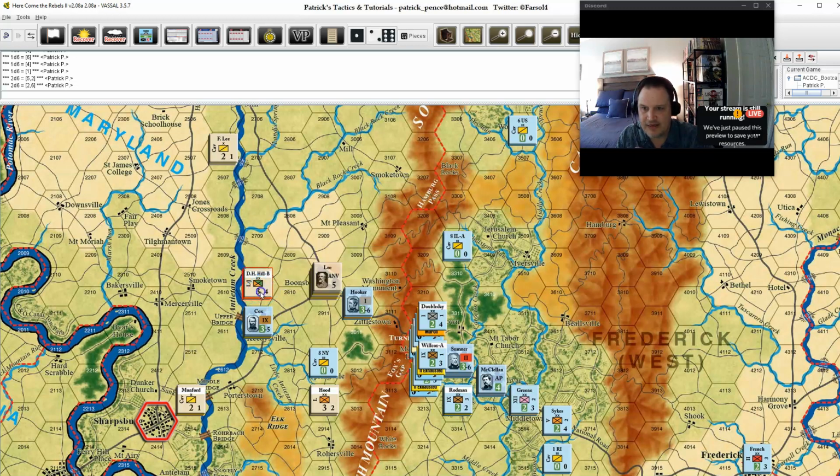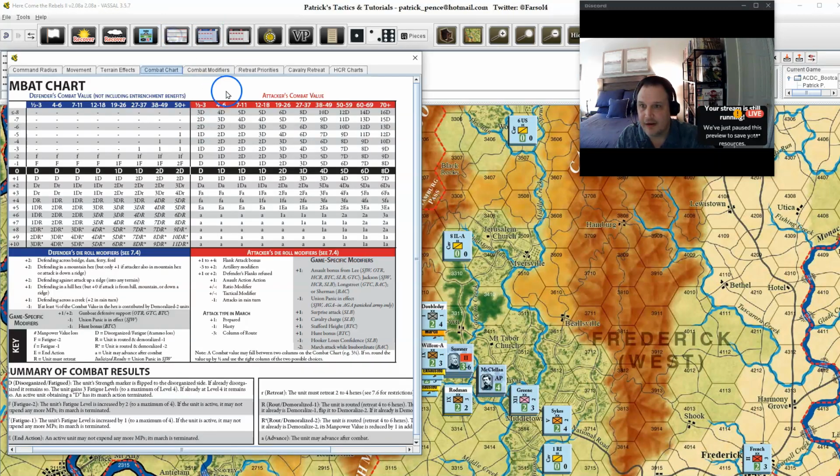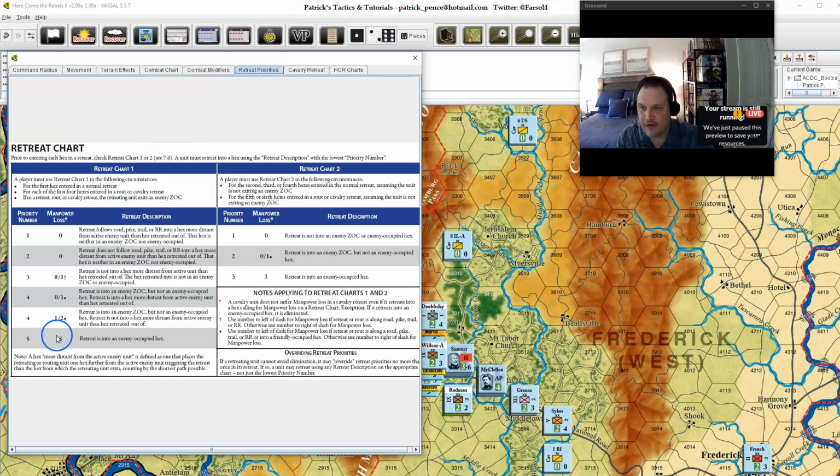So in this case, he could keep going here. He went his 2, and then he can cross there, right? Again, they have to follow the retreat charts until they get to a certain point that they can switch over to the lesser punitive retreat chart. I've got that here. So we can see the retreat priorities if you're looking at it in Vassal.